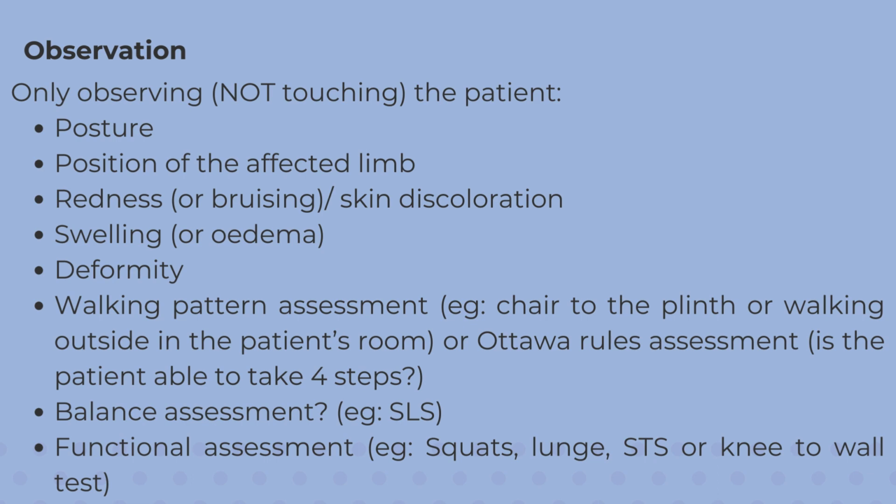So everything that you would do in a normal gait assessment, and these are the basic components that you should be assessing. And observe for any deviations. You know what the normal gait pattern is, you know what the normal walking pattern is. So assess for any deviation from the normal. All right, and let the patient walk.